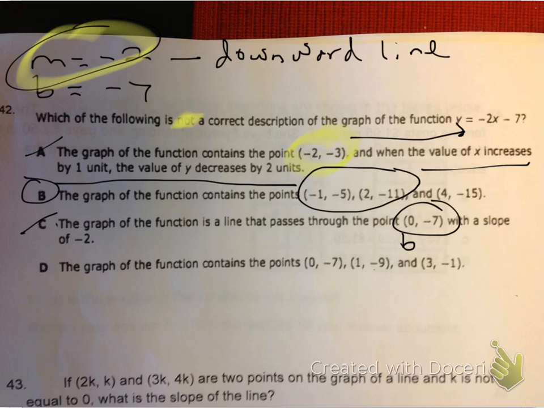And let's look at D. Let's see if this is true. D says the graph of the function contains the points (0, -7), (1, -9), and (3, -1). Now you could do this one of two ways. One, you could go back and plug it into your slope formula like we did the problem before.